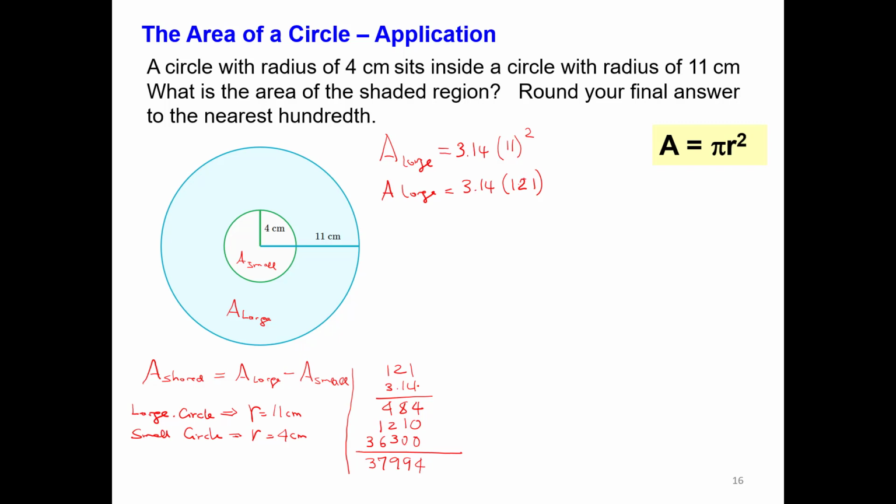And we had 1, 2, 1, 2. And the area is 379.94. Yes, this is the area for the large circle. Let me write here: large is 379.94 square centimeters. Now let's calculate the area for the small circle.